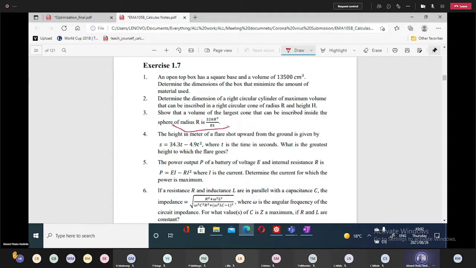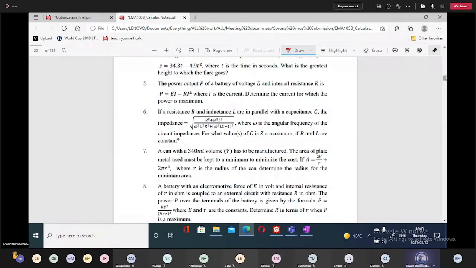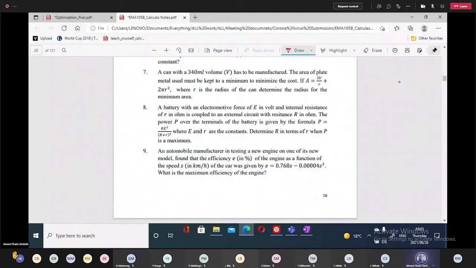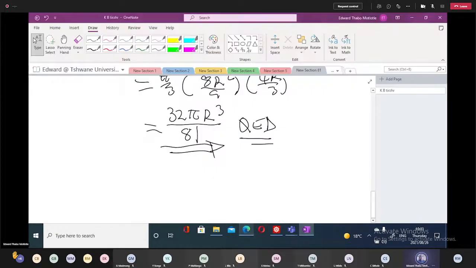This problem, number 3. So I'll just put these notes on Bright Space after confirming if there's any change. Okay, so you can do the remaining ones. You see it's 1.7. We have about 11 or 12 problems. Okay, so that's where I've got the problem.